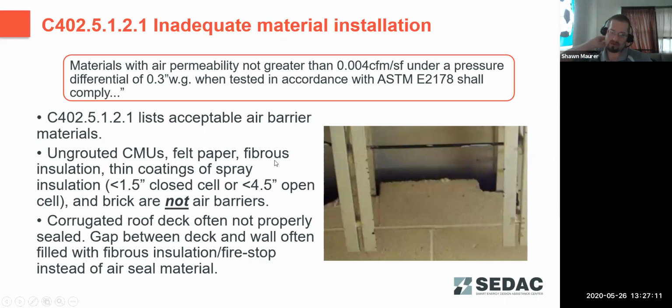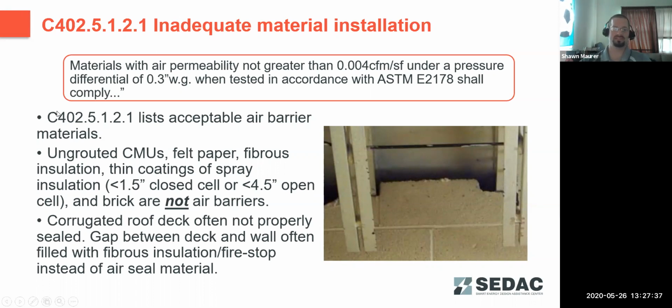Another thing we've run across when using the air barrier materials is that inappropriate materials are used in some instances. Very common for wall to ceiling joints, there's a little bit of a gap between the roof deck and the wall that gets stuffed with fiberglass insulation. It should be spray foamed or sealed with a rubberized gasket or some other air barrier material.